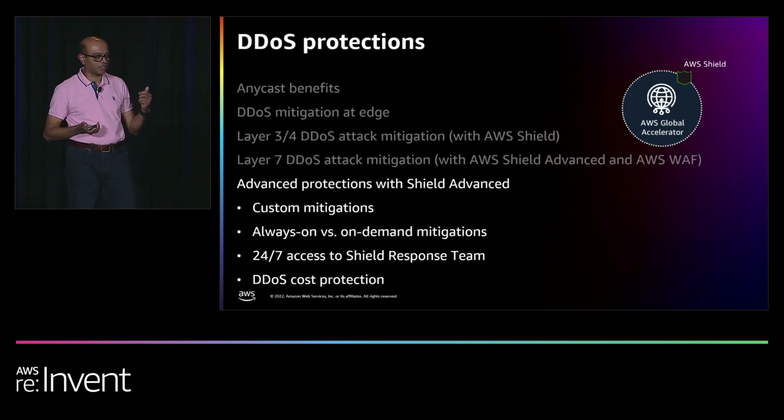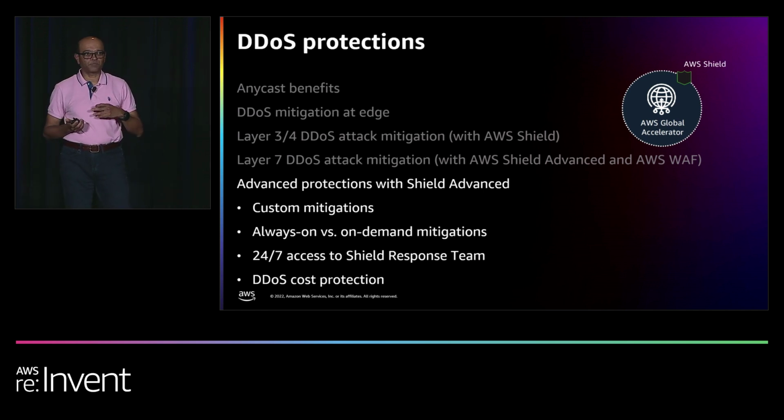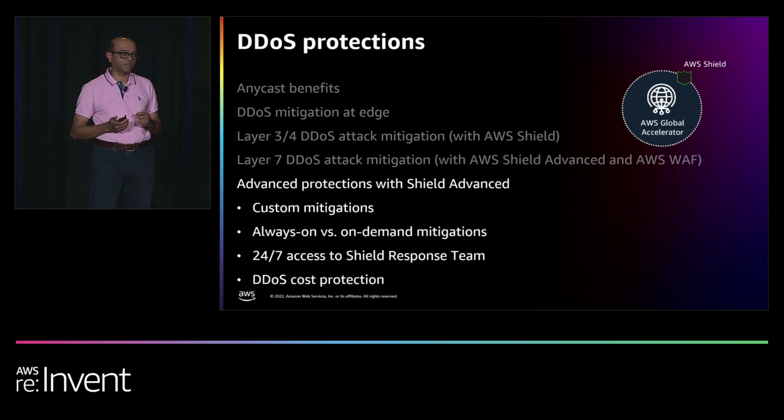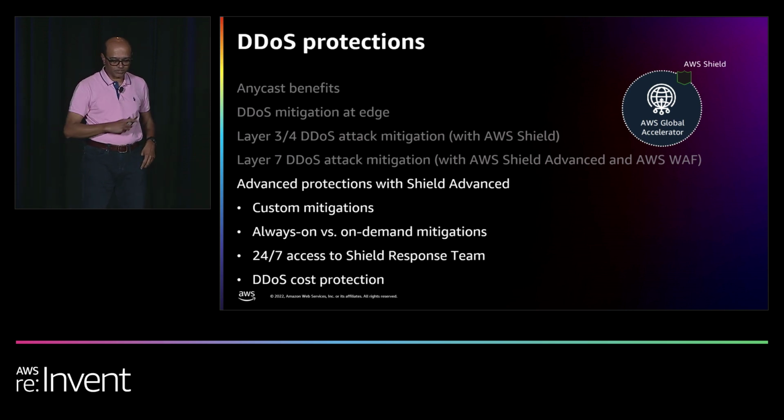So that includes options for things like custom mitigations, 24/7 access to a Shield response team, options for always-on mitigations, as well as cost protections in terms of any scaling charges resulting from DDoS-related usage spikes on the protected resources. By the way, the Shield response team is the same team of experts that also protects Amazon.com.